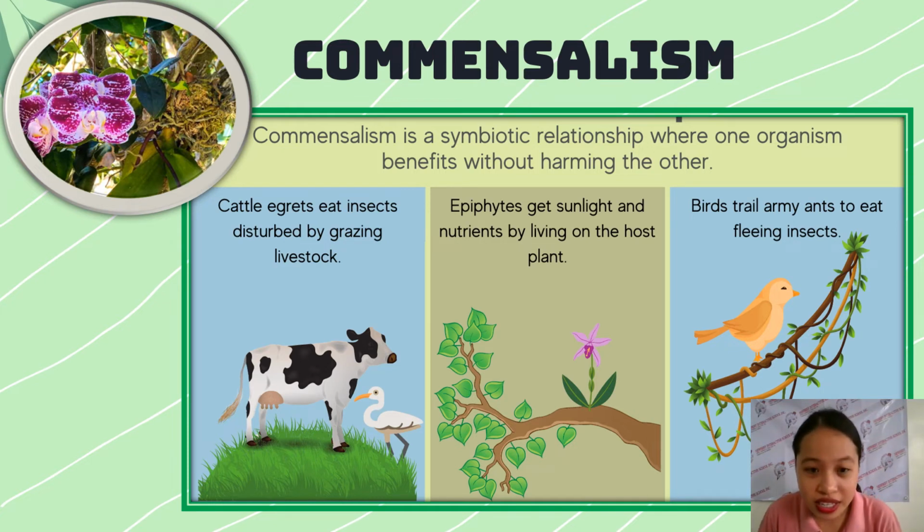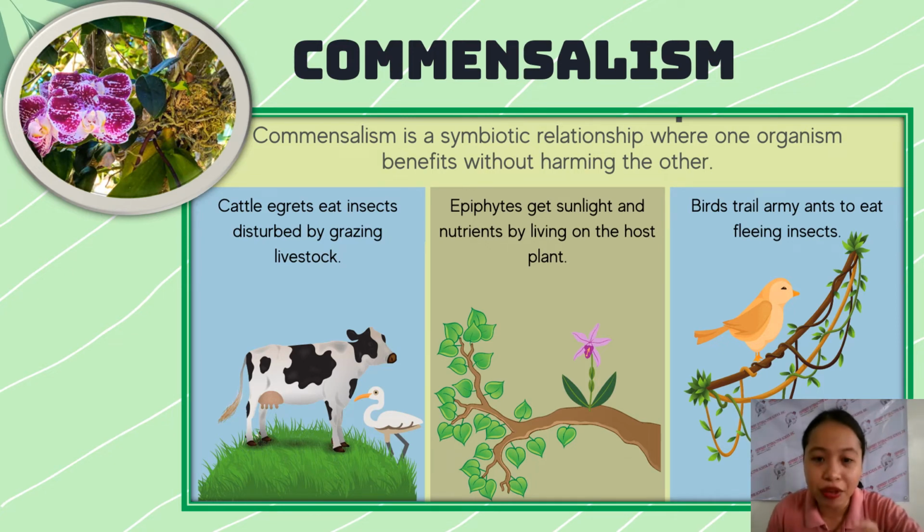There's a bird, okay? It will go on top of the cattle and eat the insects. Meaning, the bird gets a benefit while the cattle are not harmed.